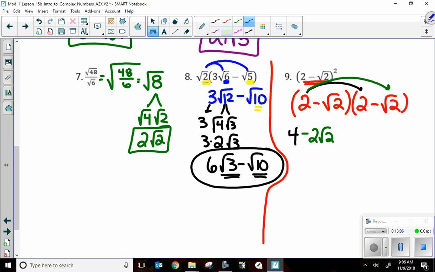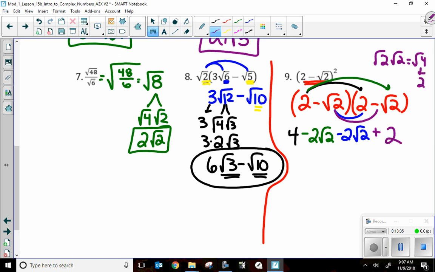I've got the same thing right here: 2 times negative radical 2 is the exact same thing. And last but not least, a negative radical 2 times a negative radical 2. A negative times a negative is positive. Radical 2 times radical 2 is the square root of 4, which is 2.